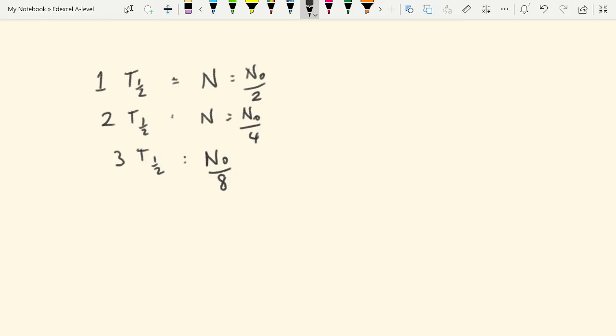So we can see here that N is equal to N0 over 2 to the power of n. You can figure out how many nuclei, or again, the activity, you know, its original activity, and you can multiply it by 1 over 2 to the power of n, where n is the number of half-lives. And this makes it very, very simple.